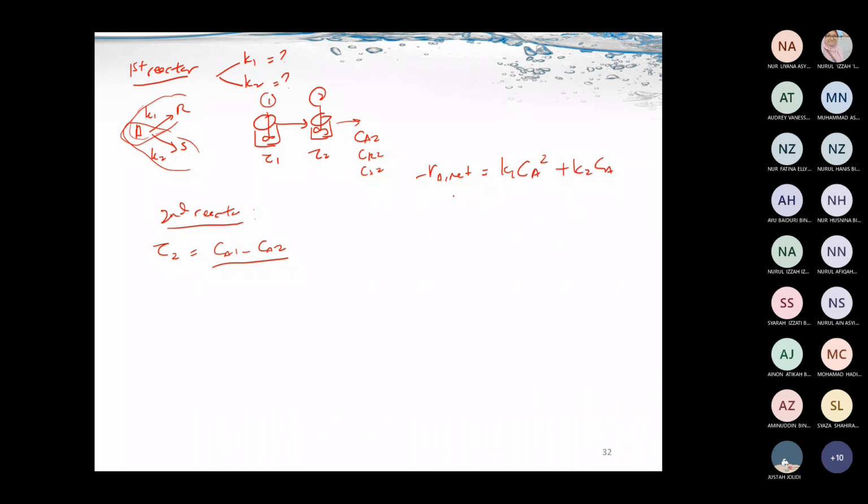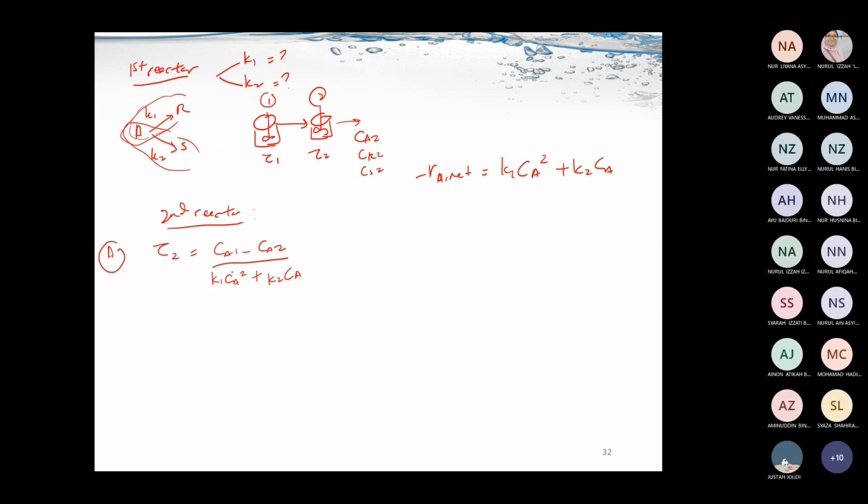Remember how we derived A previously, in the previous lecture. So here just substitute because this is for RA net. This is for A, so it refers to A. So K1 CA squared plus K2 CA.